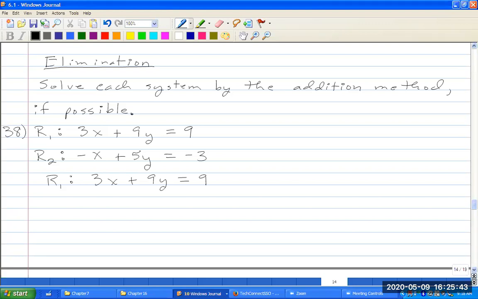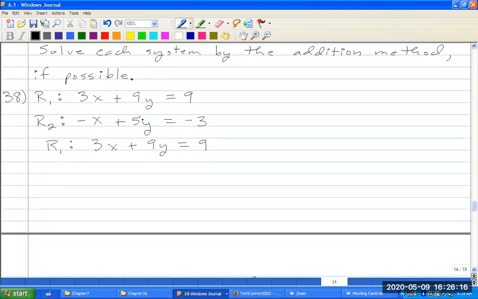If they have any of the words elimination, addition, subtraction somewhere within the name of the method, it all means the same thing. I may occasionally use differing terms just because it's all the same technique, but it's given several different names.